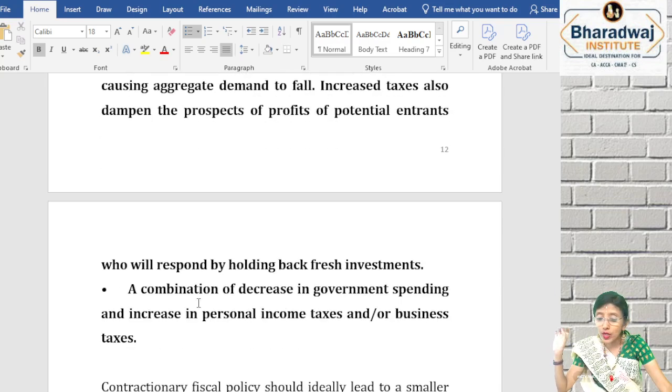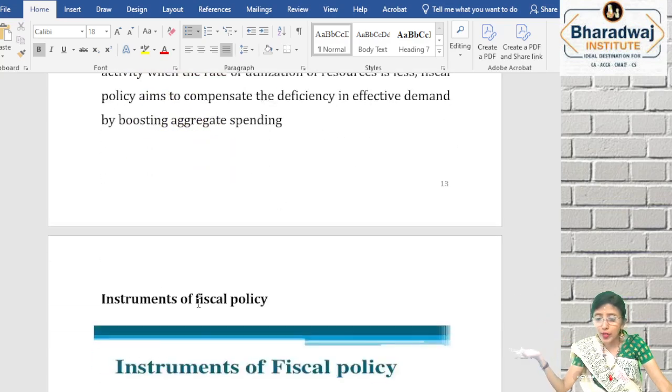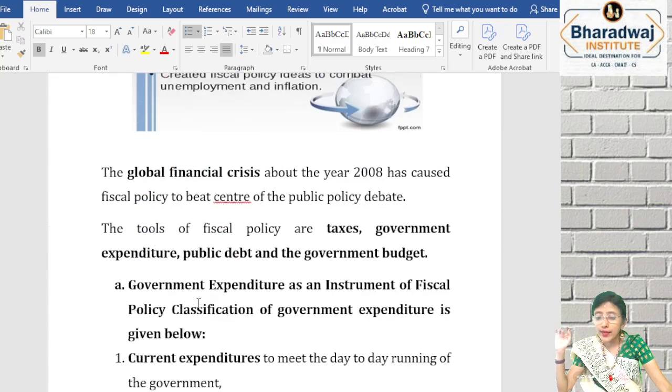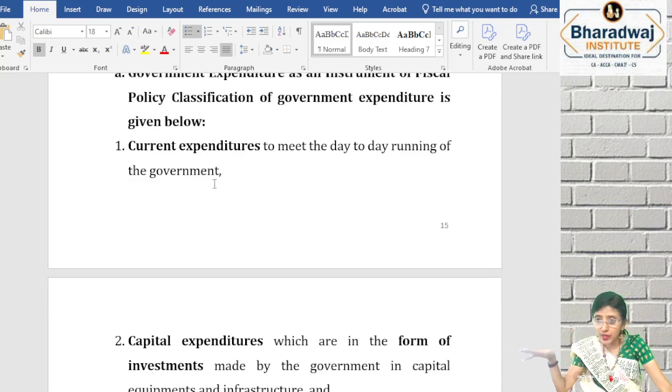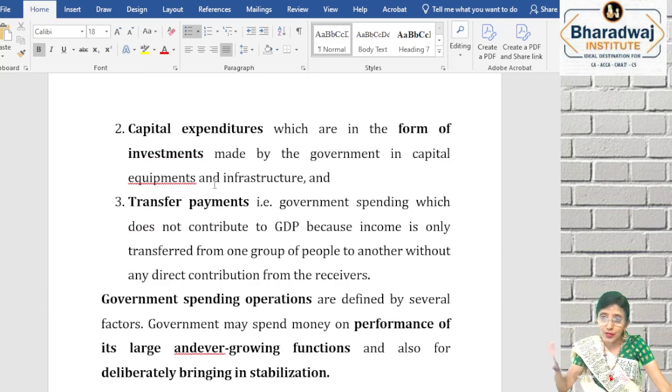And when you come to government spending, I think I told you what will happen during inflation and deflation. Please also know something about that. Then we go on to types of government expenditure: current expenditure, the day-to-day running of the government; capital expenditure on infrastructure; transfer payments.